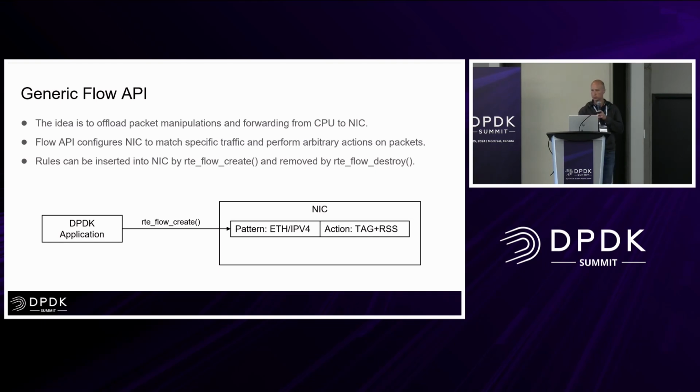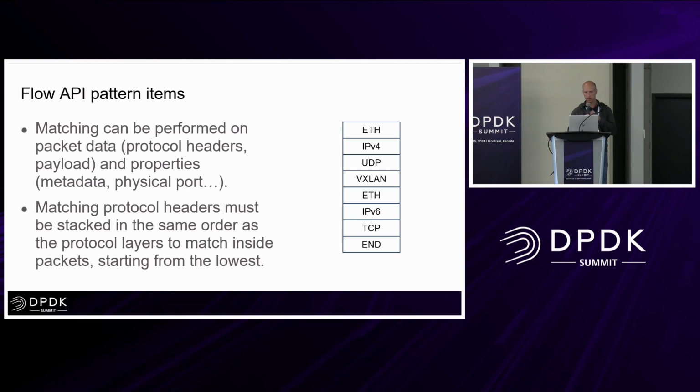Let's focus on the pattern in this topic. As I mentioned, we can match on the protocol data, such as IP addresses and destination UDP ports, and we can also match on the originating ports and on the metadata that we insert into the MBUF.